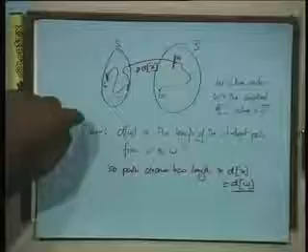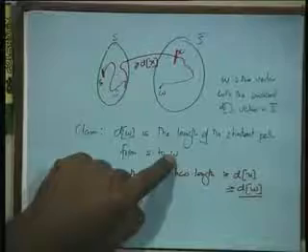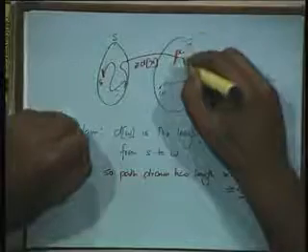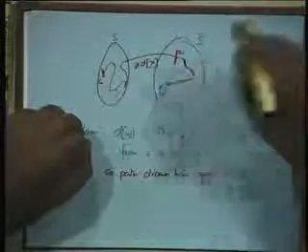But this part of the argument, when we said that d of W is the length of the shortest path from S to W, is not correct anymore, right? Because I could have a path which goes like this, but this is shorter than d of W because there are plenty of negative edges on this part.